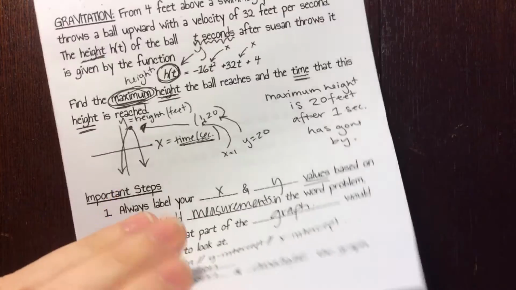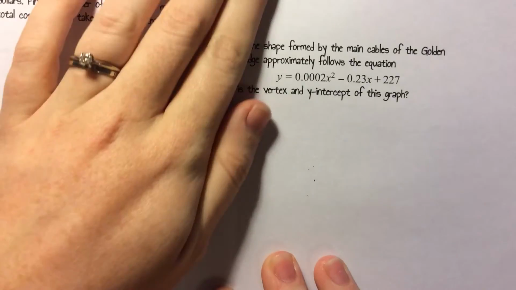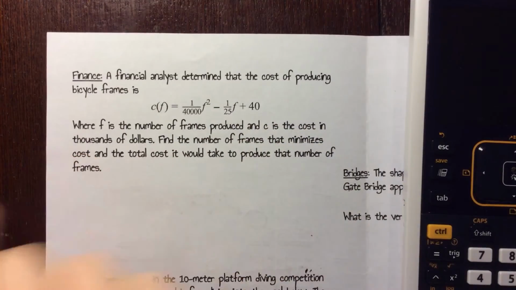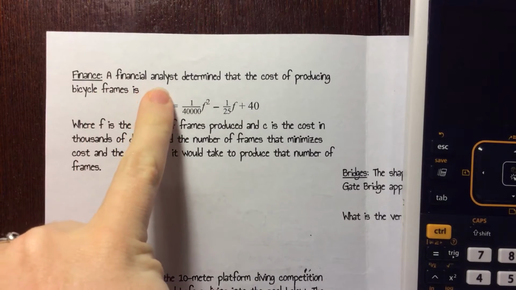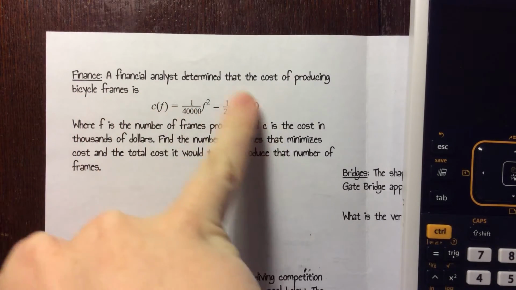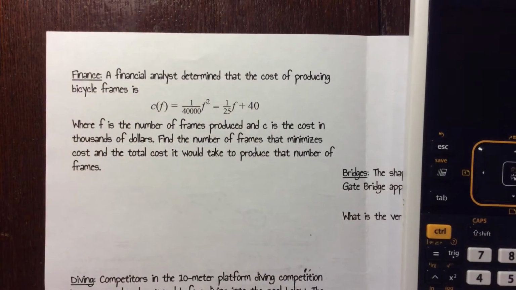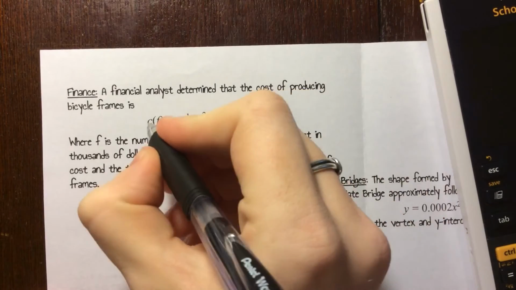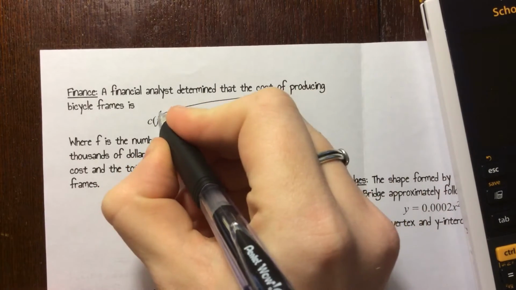Okay, let's look at another one. Here, it says that a financial analyst determined the cost of producing bicycle frames is represented by this function here. So what do you think the C is going to stand for?